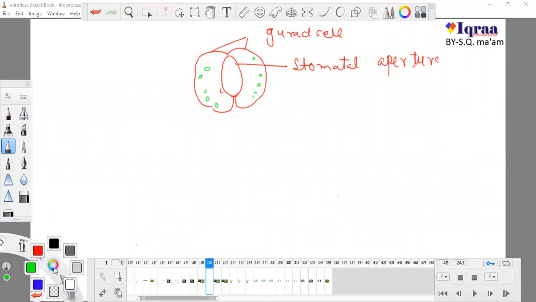Now, what exactly happens? You know that these are present on the leaf, and the openings on the leaf are known as the stomata. As soon as the water comes, because the plant has lots of water. So this is a normal stomata and I'm going to draw a shrunken stomata also.